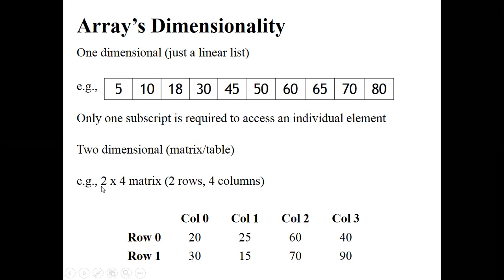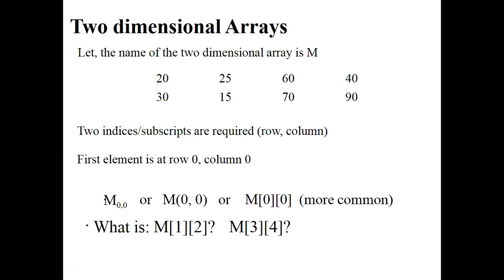The 2 means two rows, row number 0 and row number 1, and then the matrix has 4 columns, 1 2 3 4. According to this, 90 is the answer. Similarly we can find out the data. So this is a two-dimensional array, in which we have matrices or tables with rows and columns.